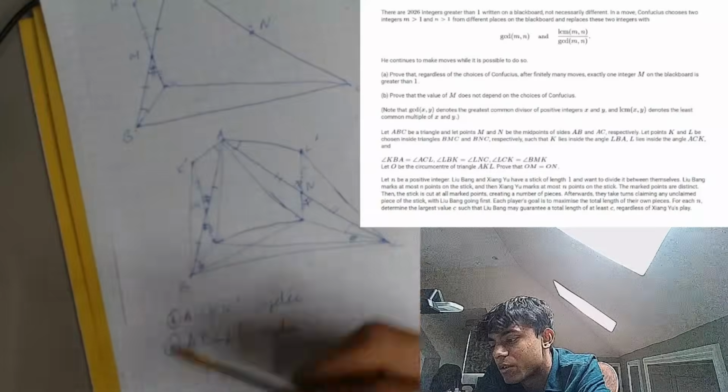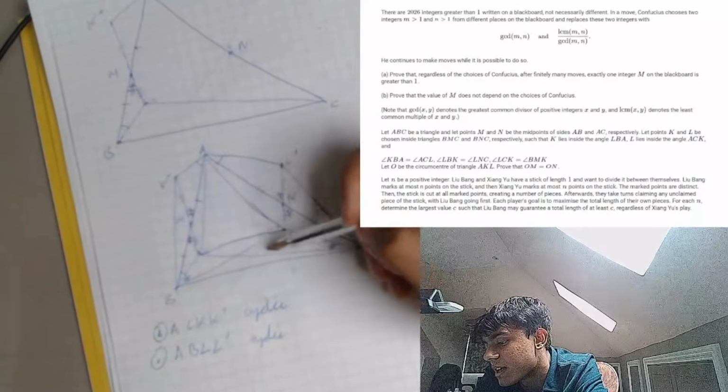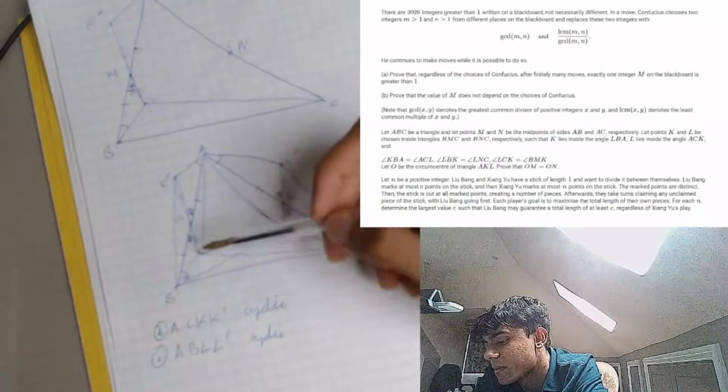Oh no, yeah, that's stupid. You can't have A K prime K L cyclic because we have A K prime K C is cyclic.